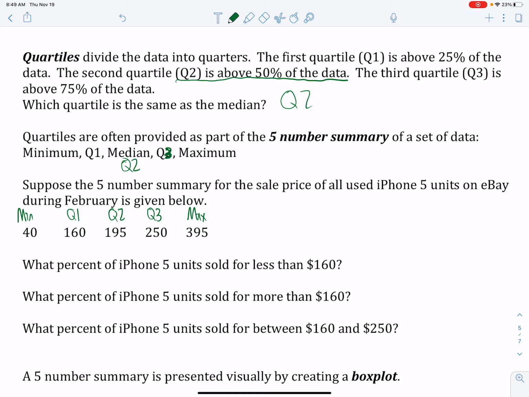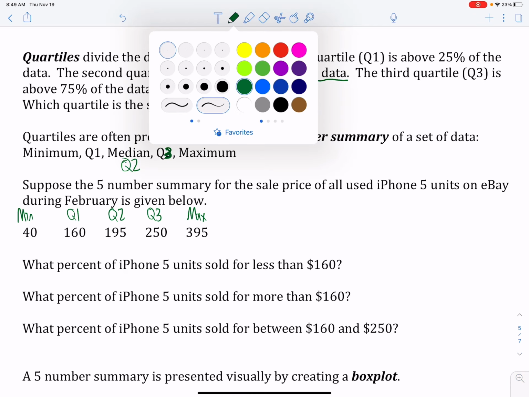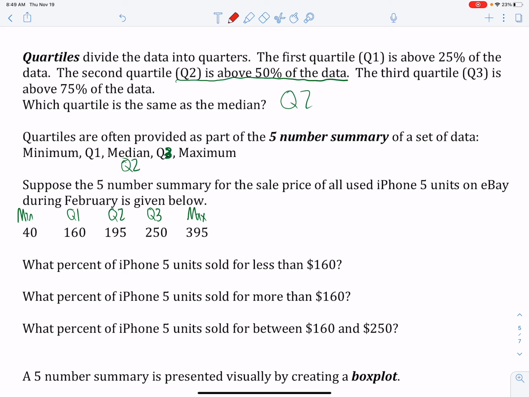Now, we're going to answer some questions about percents. When you're using the 5-number summary or the quartiles to answer questions about percents, there's always 25% of your data between the minimum and the first quartile. There's also 25% of your data between the first and second quartile.